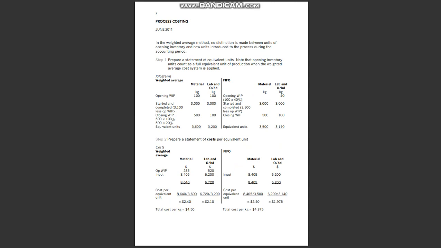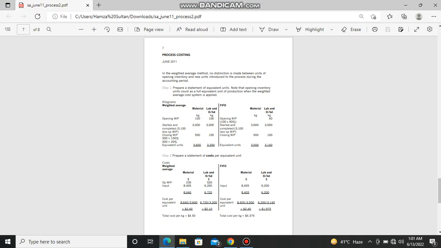On work in process, input 35, material and input is 8404, 526,200, 864, and the total cost per kg is 4.5 rupees, and the cost per kg in the FIFO method is 4.375. The valuation is different.